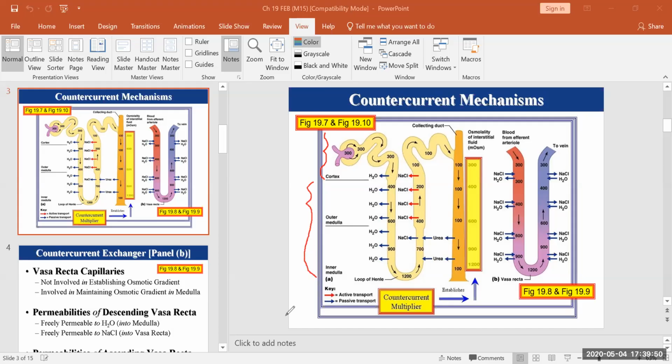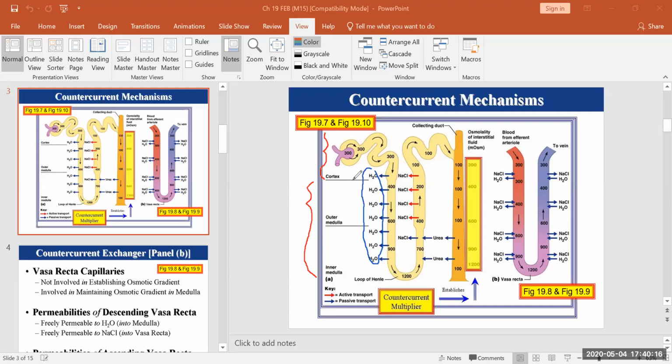Now, as it goes down the loop of Henle, you can see that the renal filtrate gets concentrated. Why? Because of this: water is leaving. So basically, you are concentrating the renal filtrate.